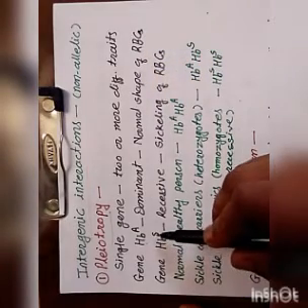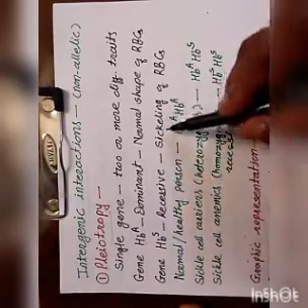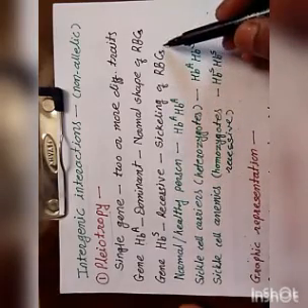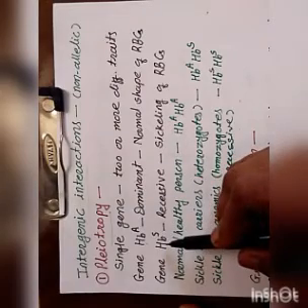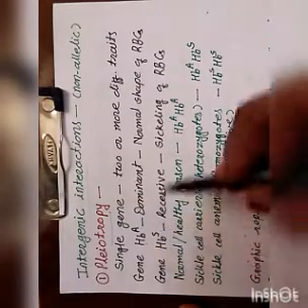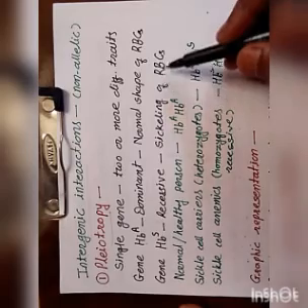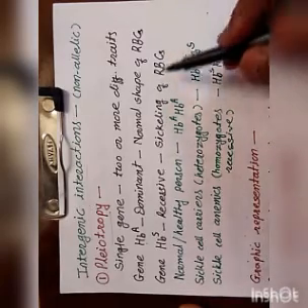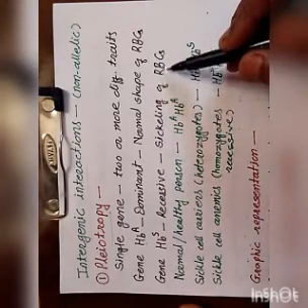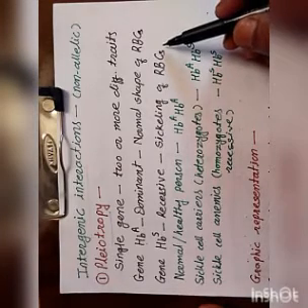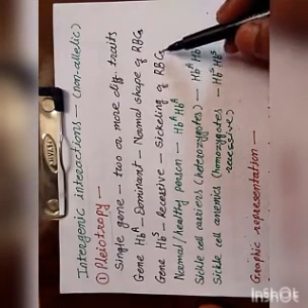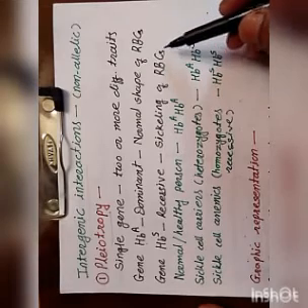Gene HBS is responsible for the sickling of RBCs. Means due to the presence of this HBS gene, the RBCs become sickle shaped, means half moon shaped. Due to this, the oxygen carrying capacity of the RBC gets decreased.